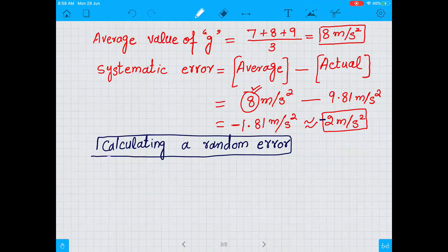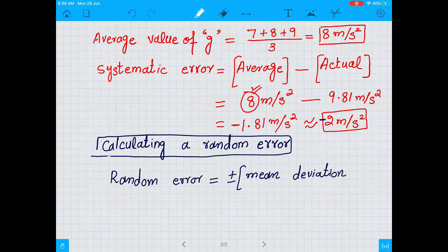To calculate the random error, you must know that random error in an experiment is generally plus minus the mean deviation. So the random error is equal to plus minus the mean deviation.